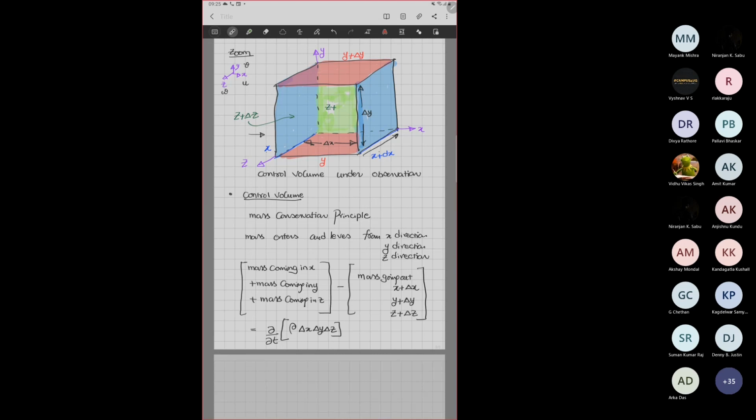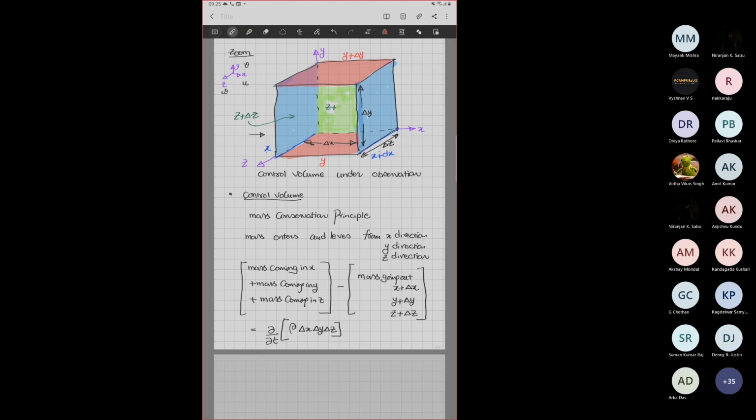And this one is delta z. So the total volume of the present system is delta x, delta y, delta z. Density multiplied by volume is mass. So within that, whether you have air, fuel, combustible gases, or just saline water, it doesn't matter.